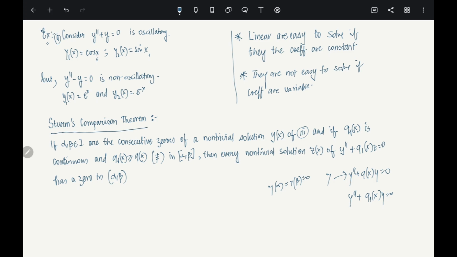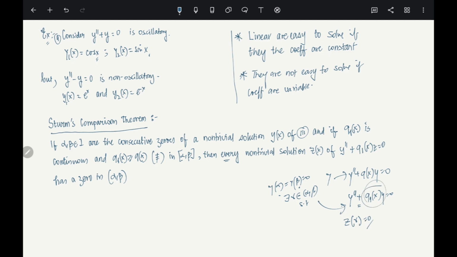Now what this is saying is: alpha and beta are consecutive zeros, with no other zero between them, then there exists a gamma between alpha and beta such that any other non-trivial solution z of the second equation has z of gamma equal to 0. That's what it is saying.